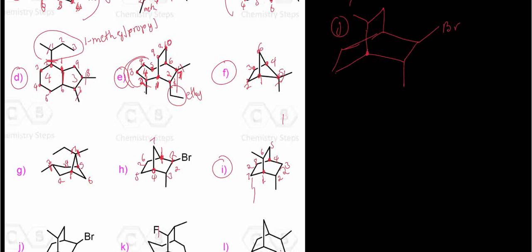So the shared one is this one, right? So this is my 1 here, and this is my 2, my 3, my 4, my 5 here, my 6, my 7, my 8. So that's how we'll count this one. So it will be 2 bromo, then 5 methyl, like that.